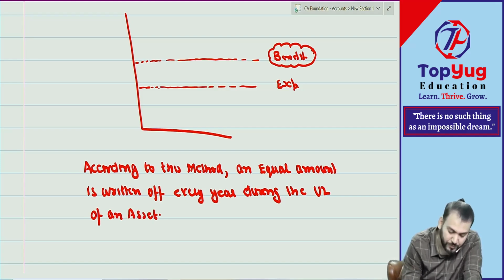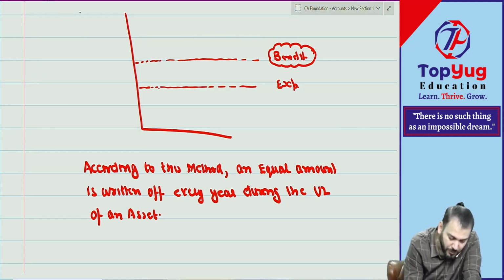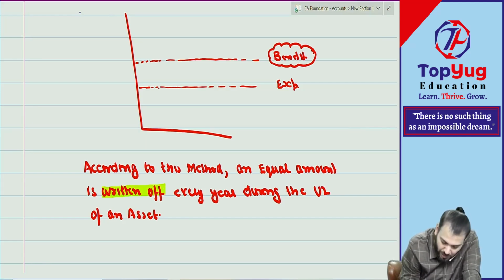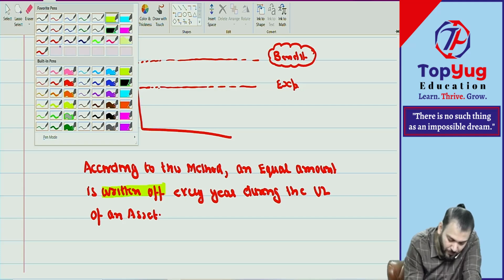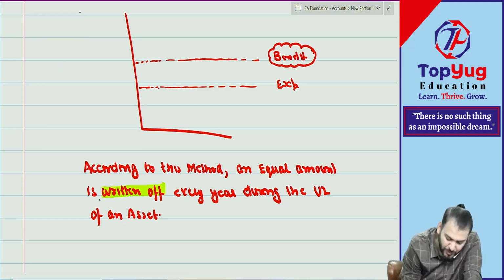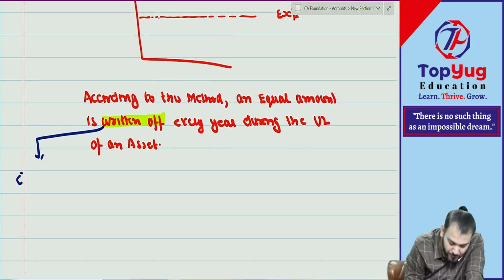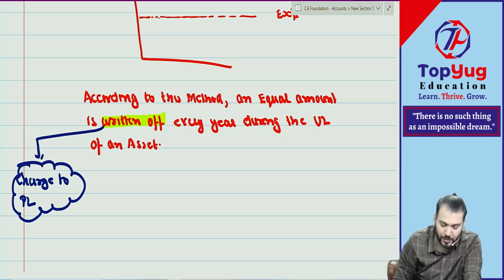Have you understood? What is the meaning of written off? Written off means charge to PL, which means debited to PL.